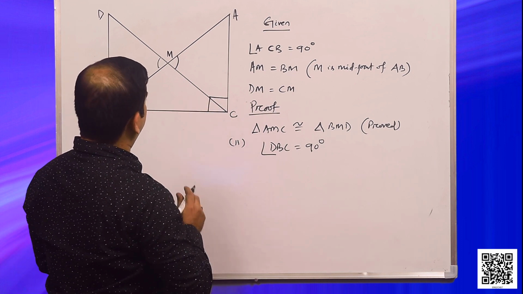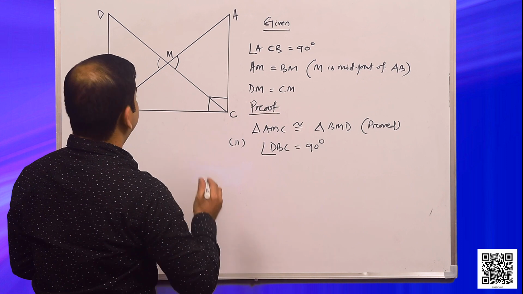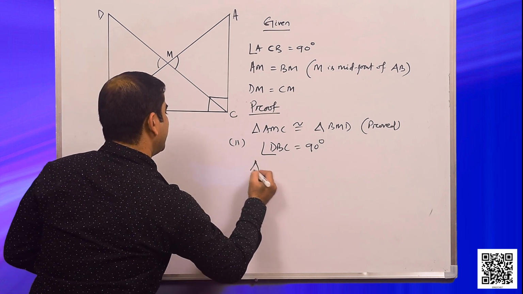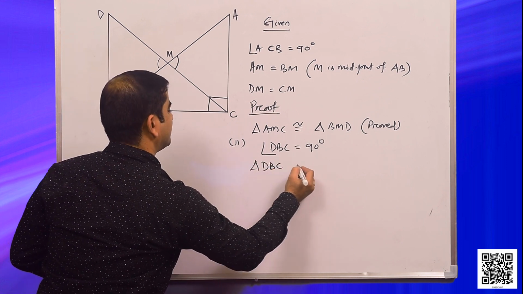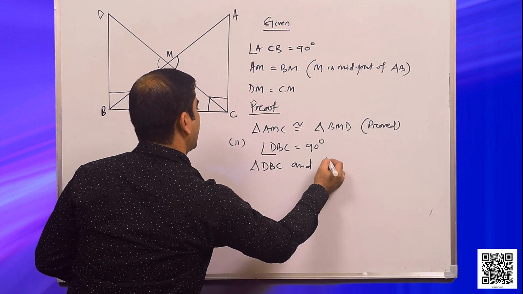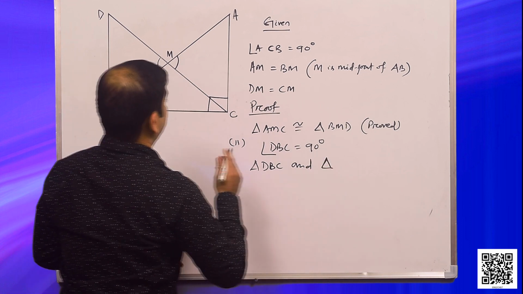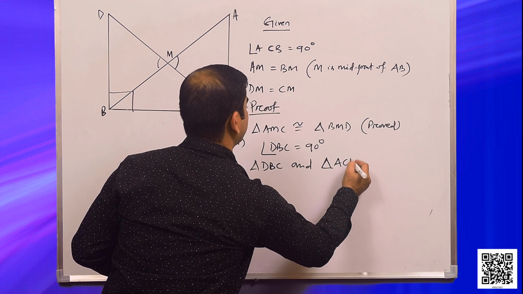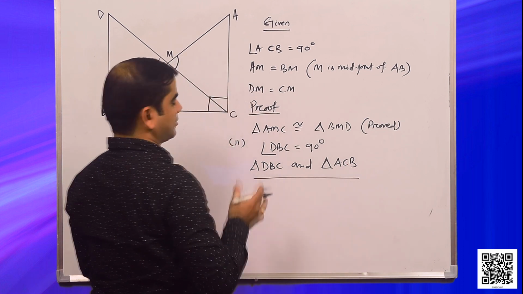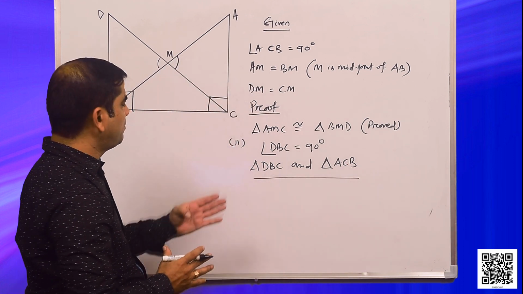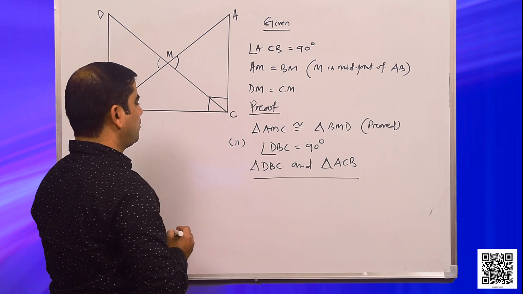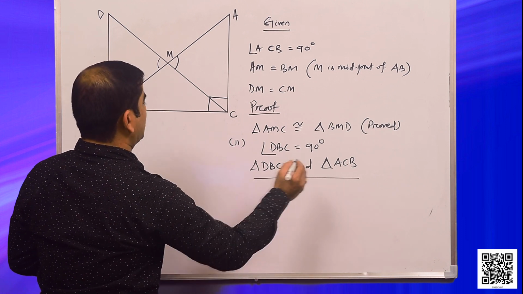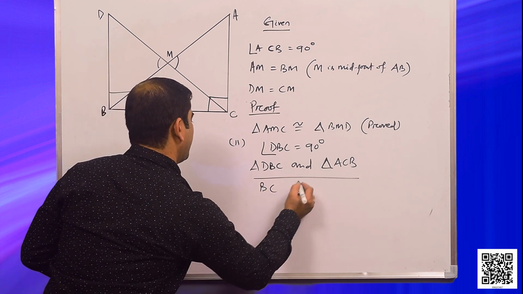So, let us try and prove that triangle DBC and triangle ACB are congruent. In these two triangles, BC is a common side.